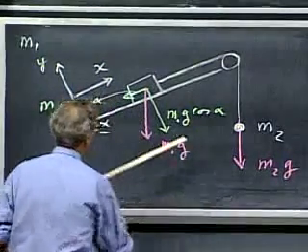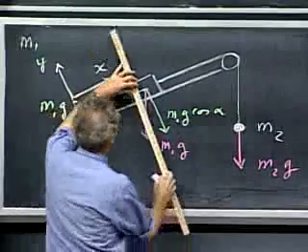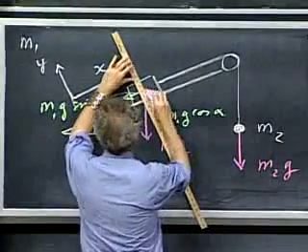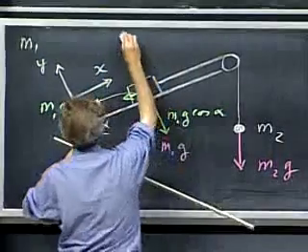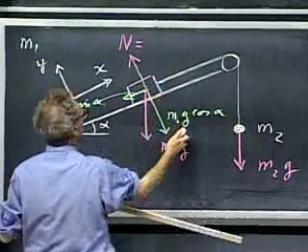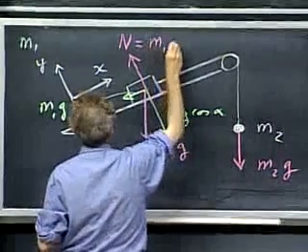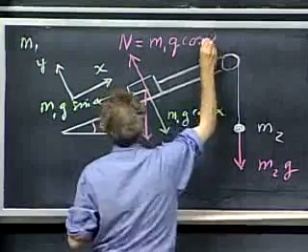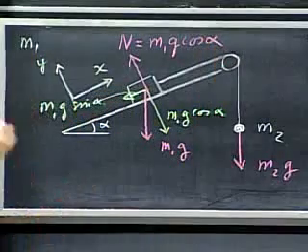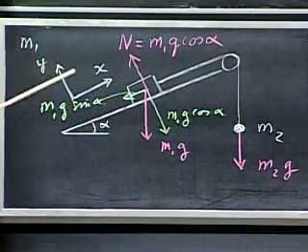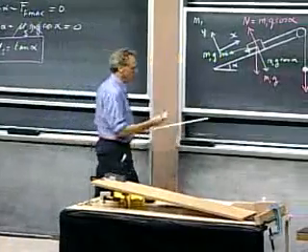Clearly, this one, m1g cosine alpha, we never have to worry about. There is no acceleration in the y direction. So this normal force n will kill this one, and this is m1g cosine alpha. So you never have to worry about the y direction. We know there's no acceleration. We only deal with forces in the x direction that are of interest.